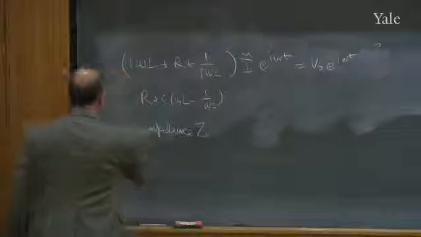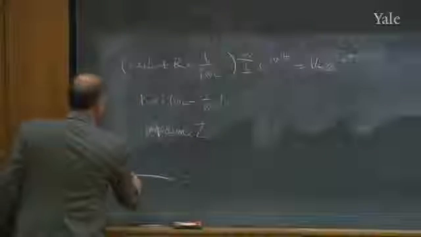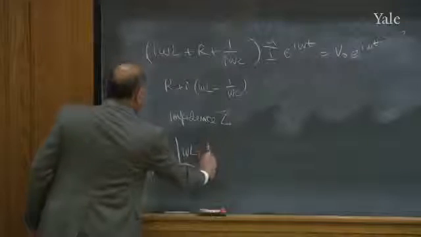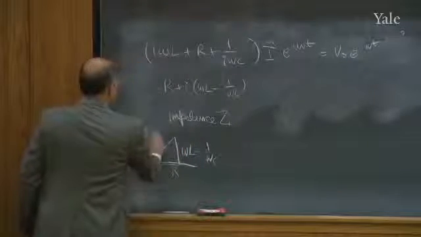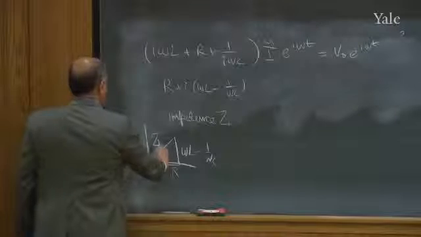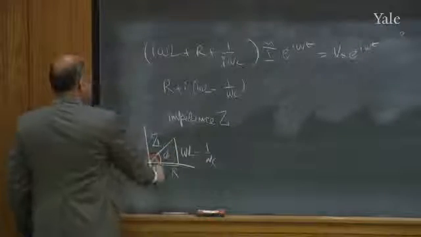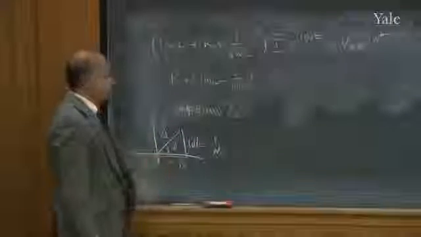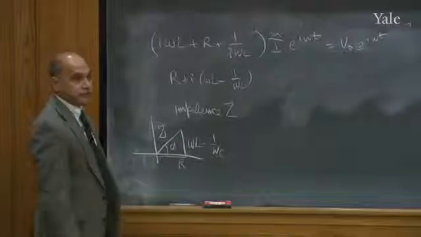It's a complex number. You can visualize the complex number as follows. It's got a real part, which is R, and an imaginary part, which is ωL − 1/(ωC), and the impedance Z is a complex number with some modulus and some phase. If you know the real and imaginary parts, you can construct the modulus and the phase like that.